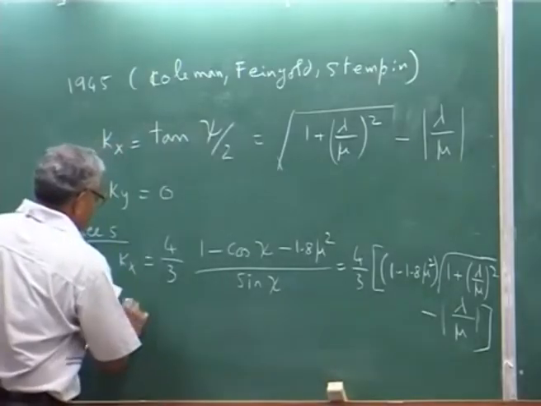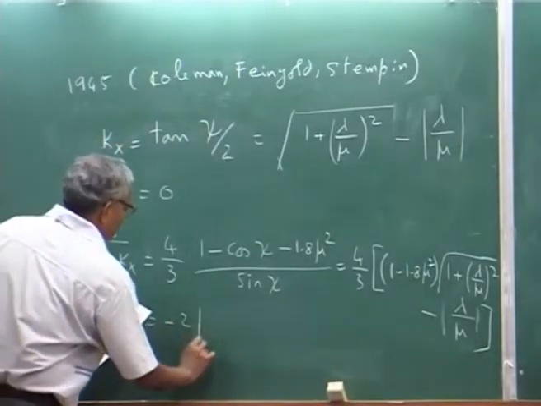And then ky, he also gave ky, which is minus 2 mu.